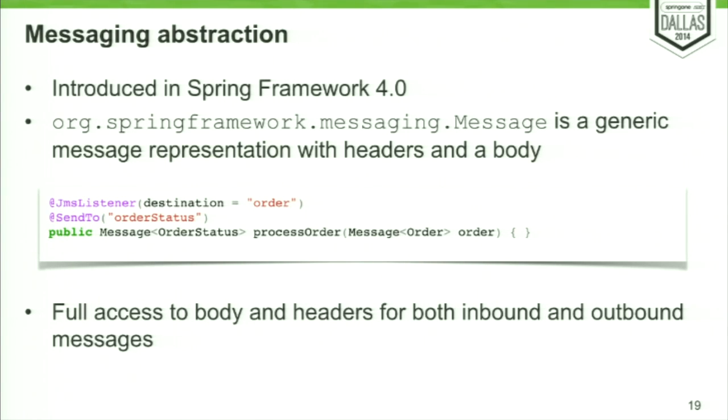On the way back, you may also choose to not provide an order status, which is just a payload object. You may want to provide a message of order status, using a message builder to take the payload object, build a message for it, add some response headers to it, and return it. So that's a really nice way to add response headers to the response that you're passing back.